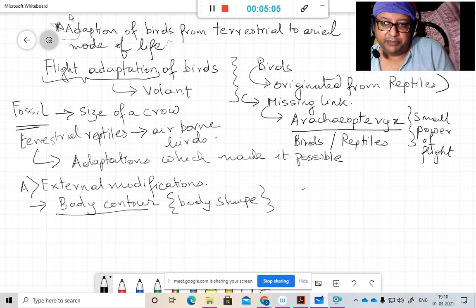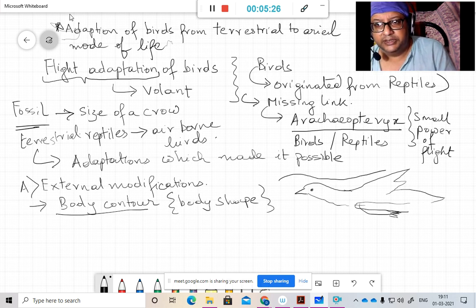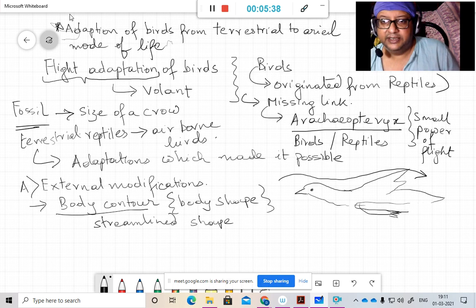If you look at the shape of a bird, you will see that it's got a very streamlined shape, so that when the bird is flying, there is least resistance.